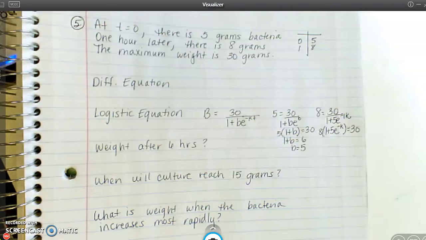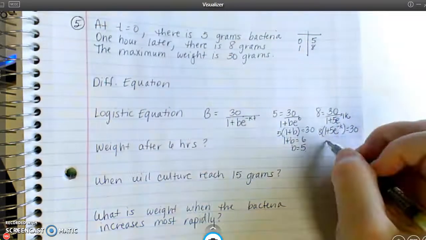At this point, I'm going to do some calculator work, but I'm going to talk you through it as I go. We're going to take 30 and divide by 8. Then we're going to subtract 1. Then we're going to divide by 5. At this point, we have e to the negative k equals 0.55.